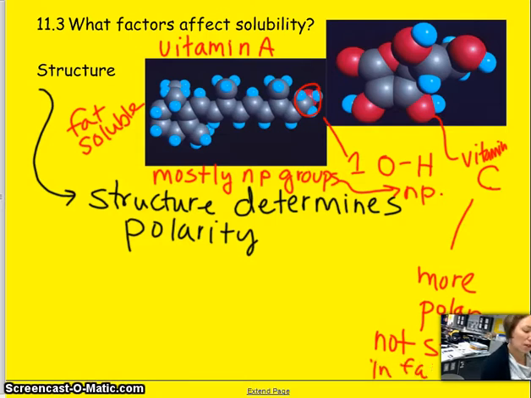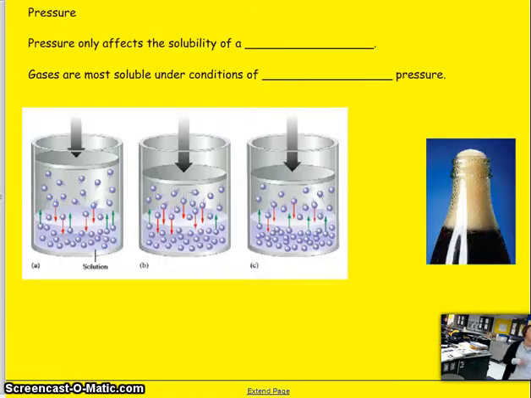It will come out in water in your urine. So it's really not possible to overdose on vitamin C, though it is possible to overdose on vitamin A. That's due to their structure, which determines their polarity, which determines whether they dissolve in water or in your urine, or are dissolved in your fat and stored in your fat. That's the difference in those vitamins. So structure certainly determines polarity, which determines solubility.